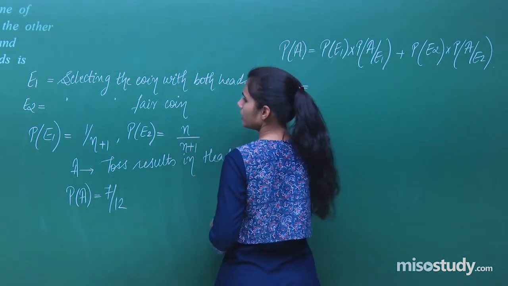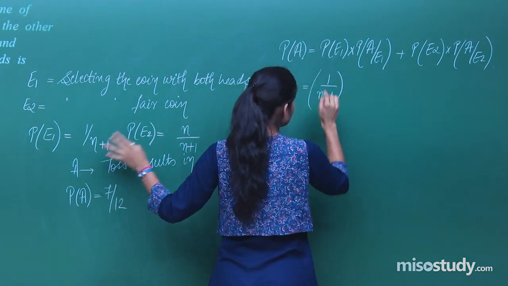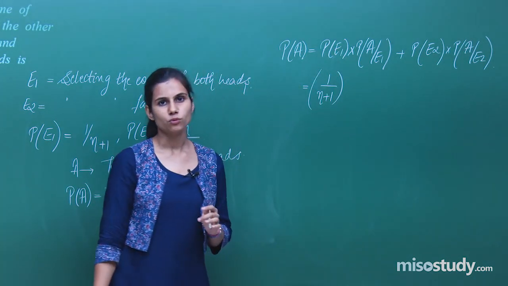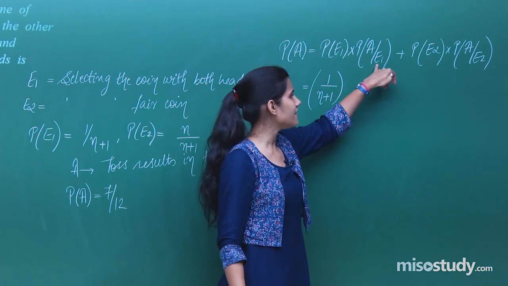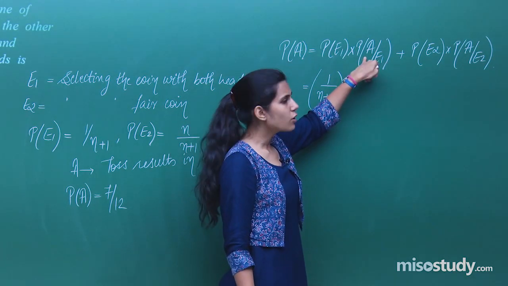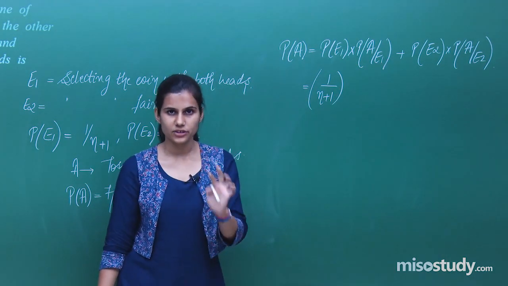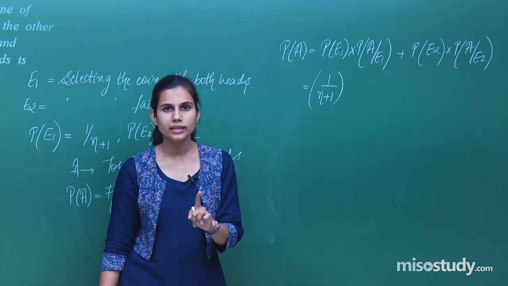So probability of E1 is what? 1 by n plus 1. What is the probability of happening of event A when E1 has already taken place, means what is the probability that you are going to get a head when you toss the coin which has both sides heads written? There is only one such coin, right?